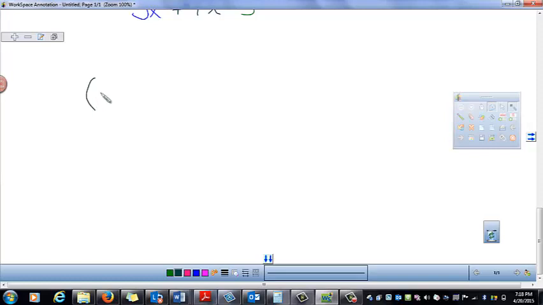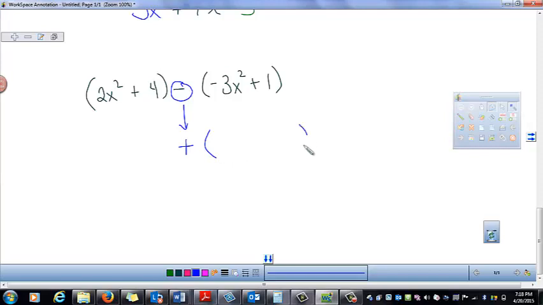So let's say you have 2x squared plus 4 minus negative 3x squared plus 1. So what I would do, if there's a minus here, you change it to a plus. And then when you change it to a plus, you have to change the second one. So this becomes 3x squared, and then this one would become minus 1.